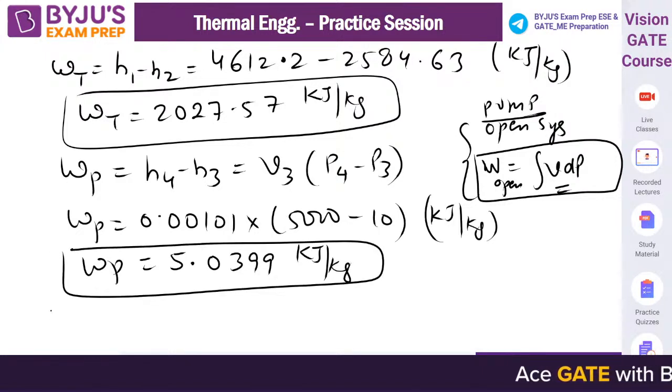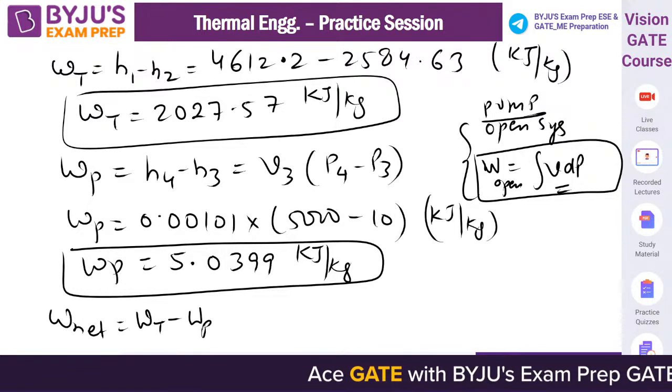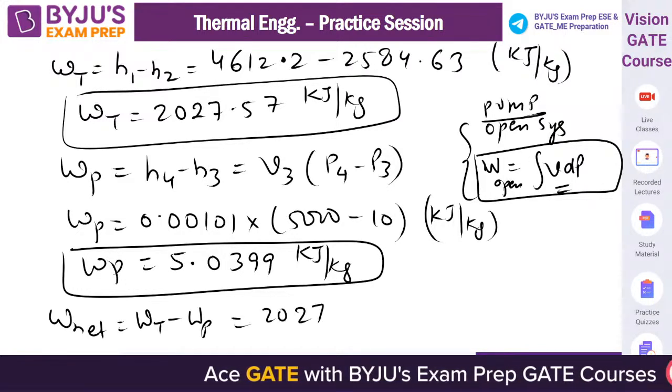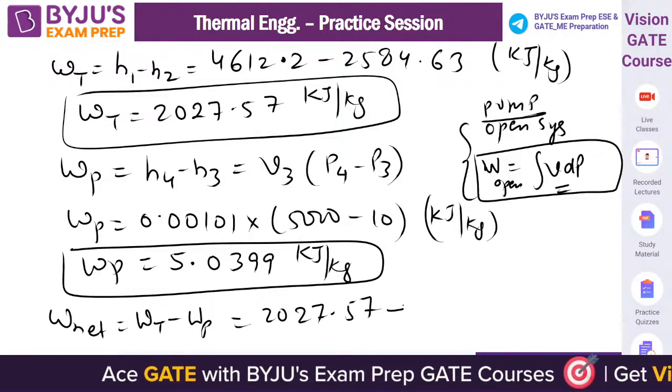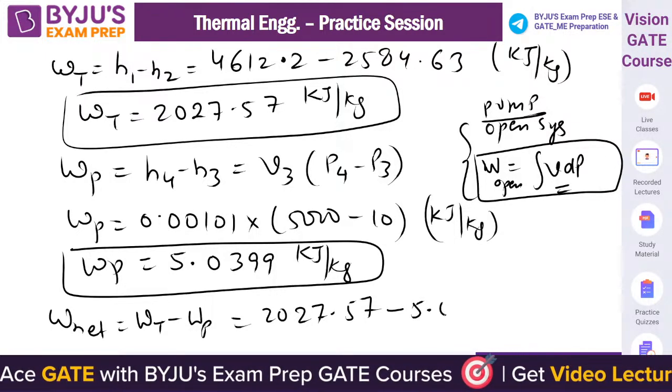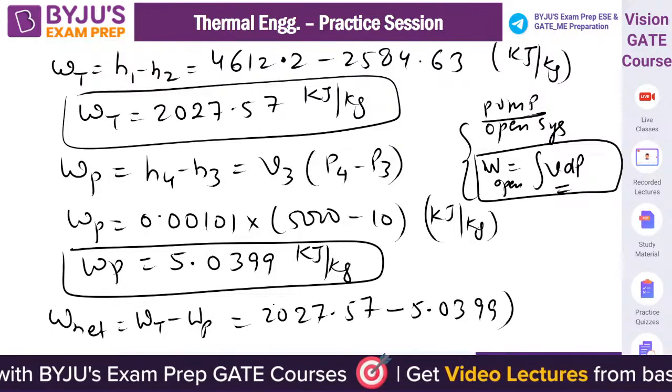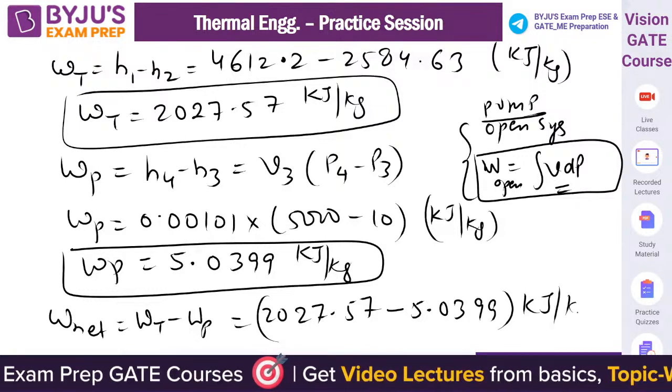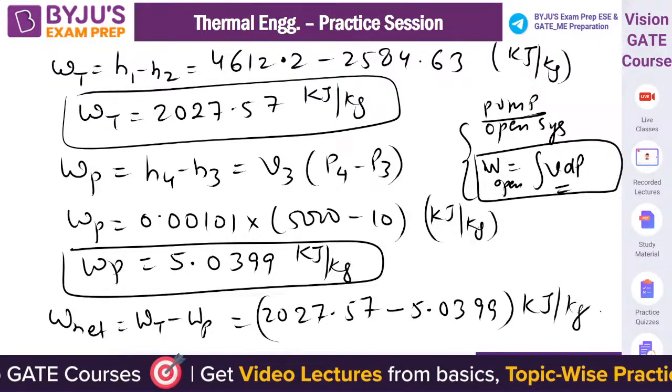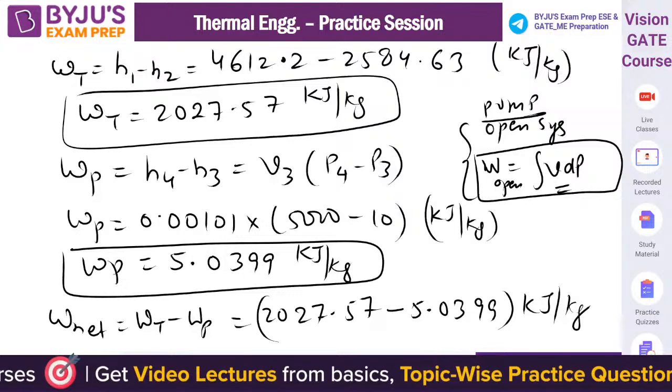This is the pump work, and the net work will be equal to turbine work minus pump work, that is 2027.57 minus 5.0399. That will give you the answer, kilojoule per kg. The net work is work output minus work input.